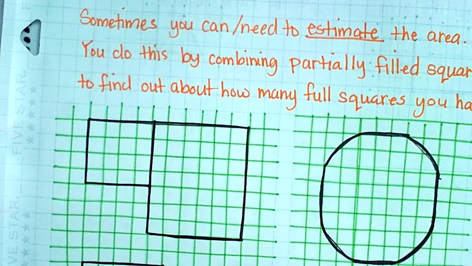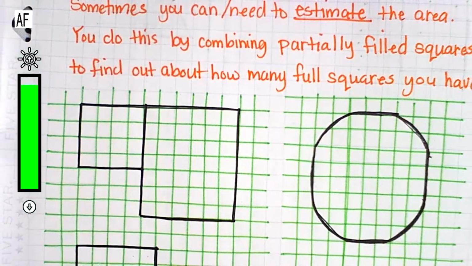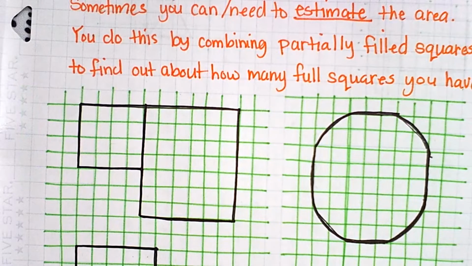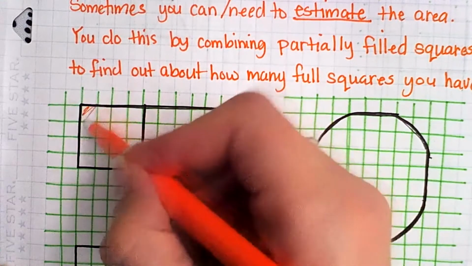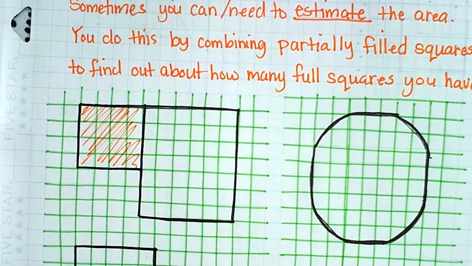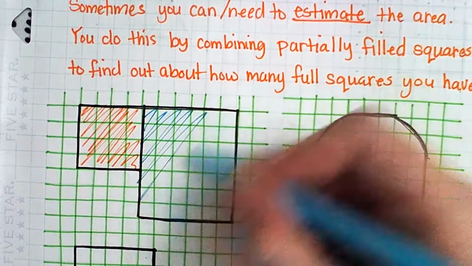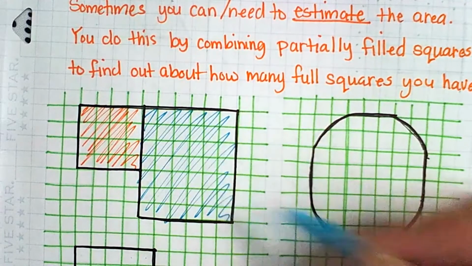So now that I have cut my shape into 2 different shapes, I'm going to use a color to separate them. So this is going to be the orange part. And this will be my light blue part.